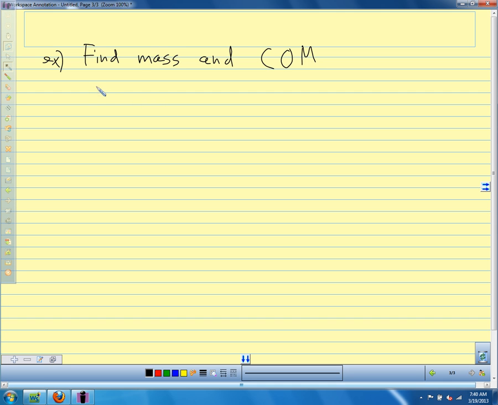And our region is bounded by y equals x to the third, y equals 0, x equals 2, and our mass density is some constant times x.